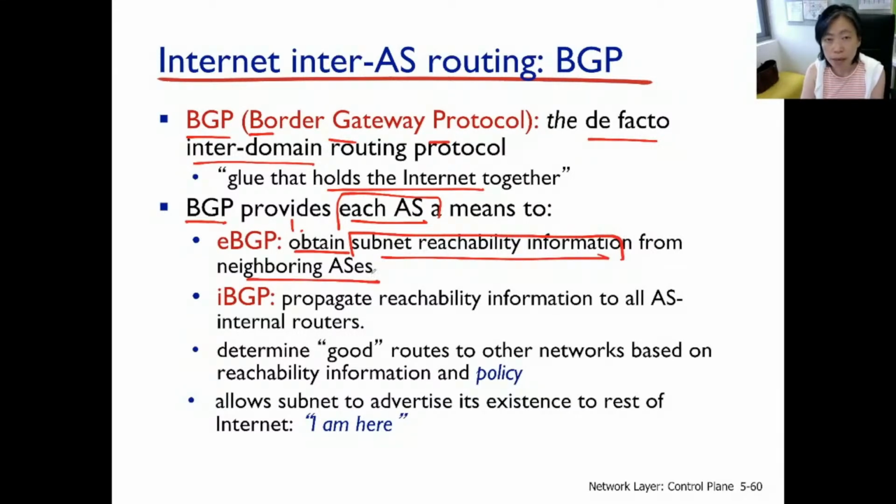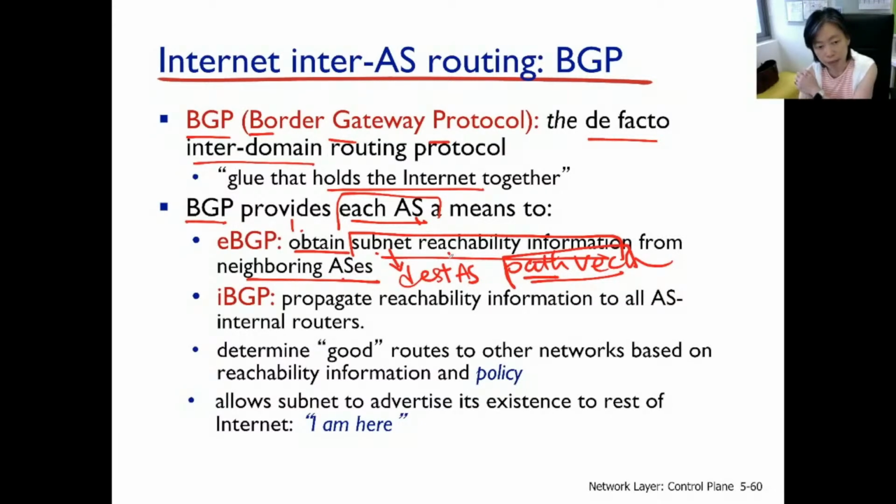This is very similar to distance vector, where a router receives distance vectors from the neighboring routers. So the gateway routers in the AS receive path vectors from the neighboring ASs' gateway routers. By subnet reachability information, we meant the path for each destination subnet for each destination AS. And there are many of these destination ASs, therefore we receive the path vectors from the gateway routers of the neighboring ASs.